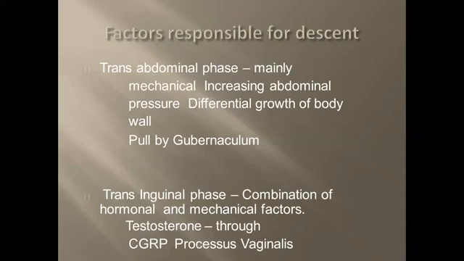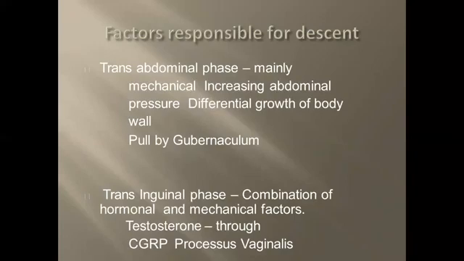As I have told you before, the gubernaculum is a tissue that is generally avascular, attached to the genital ridge at the lower pole of the testis. Under the influence of certain hormones and because of contractility of the gubernaculum, it pulls the testes down into the scrotum. Intra-abdominal pressure also facilitates its descent.